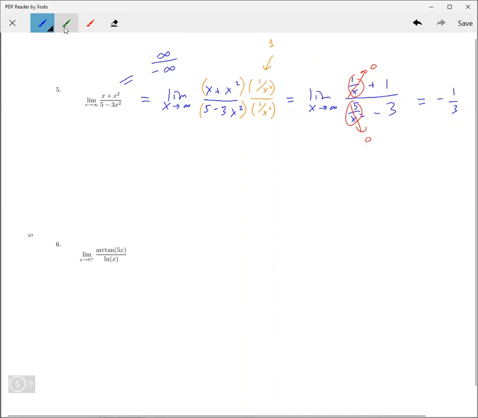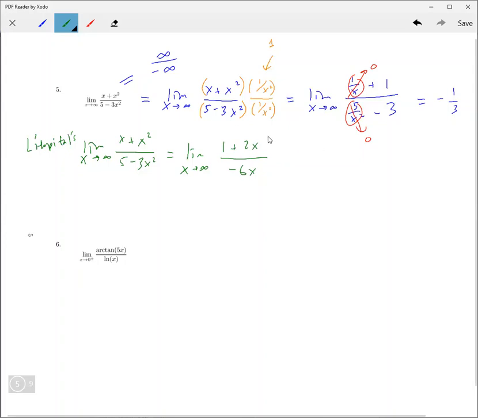Now let me show you how to do it using L'Hopital's rule. We take the derivative of the numerator, that's 1 plus 2x, and the derivative of the denominator, that's going to be negative 6x.